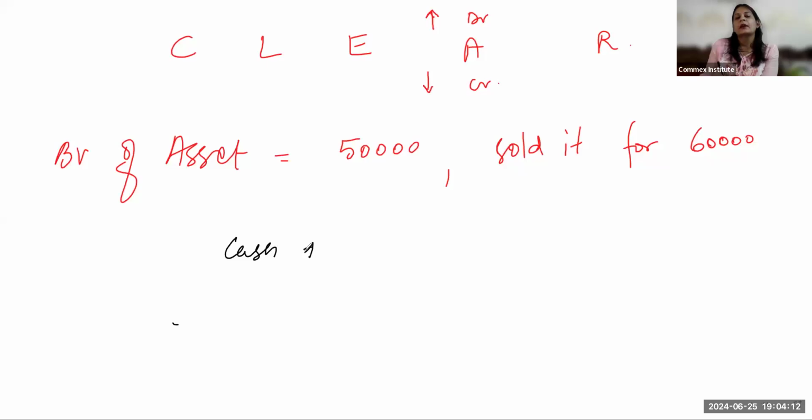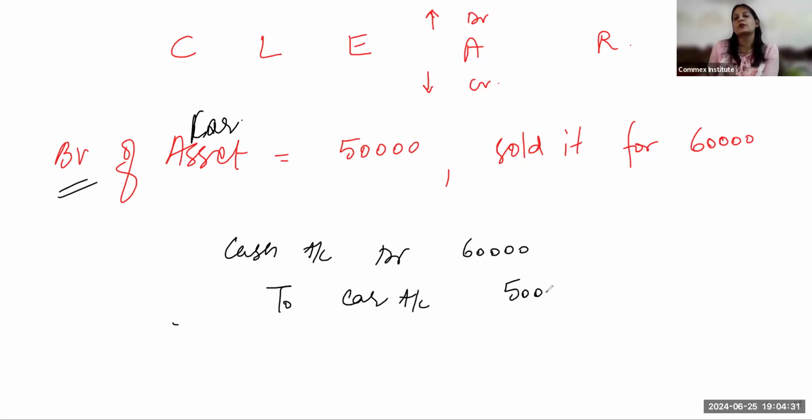It will be cash account debit 60,000. To that asset, suppose an old car. Car account, at book value. This is the book value. It will be credited at book value, 50,000. To gain on sale.